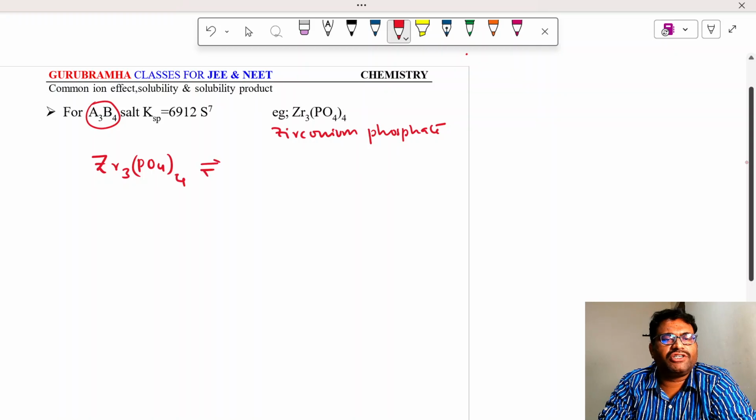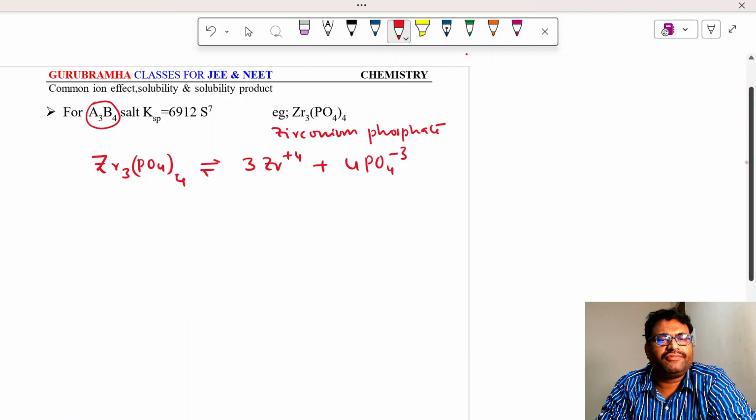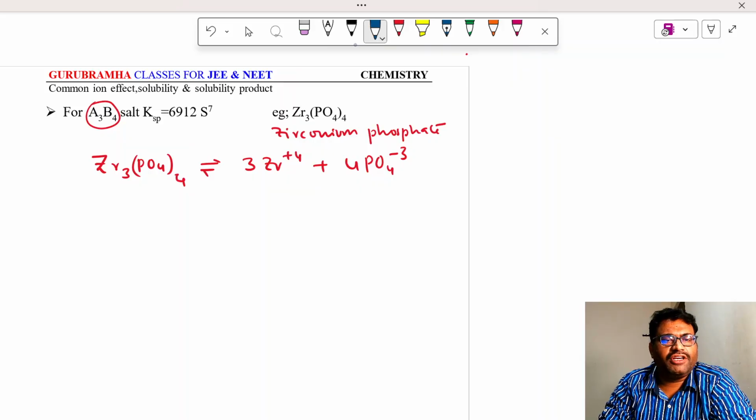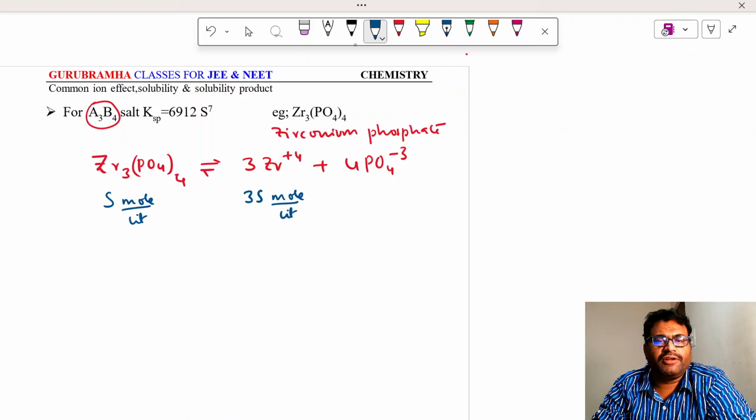Dissociation gives you 3 Zr plus 4 plus 4 PO4 minus 3. Right? So if the solubility of zirconium phosphate is S moles per liter, then the concentration of zirconium plus 4 found is 3S mole per liter, and the concentration of phosphate found is 4S mole per liter.